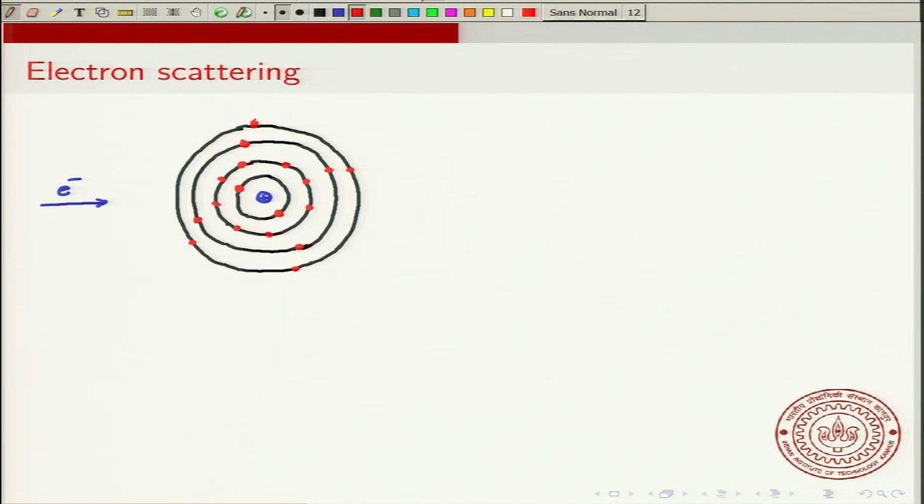And when I say a lot of things can happen, what are the things that can happen? So, one thing that can happen is that it knocks out an electron from the core shell, and you have this ionized electron. I will call this 1.